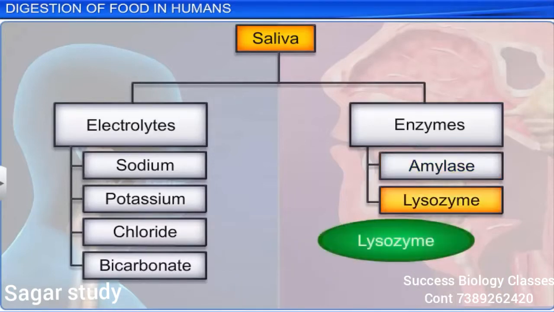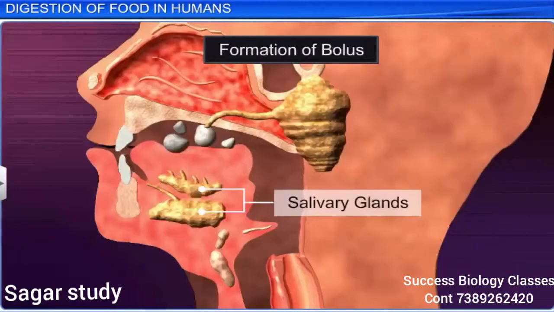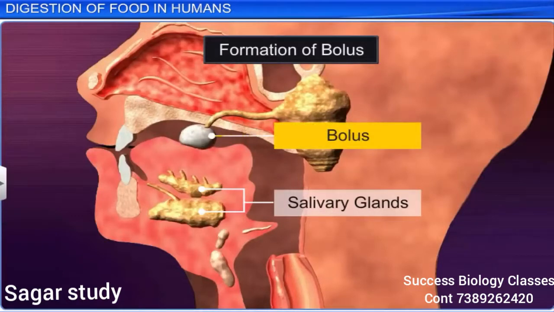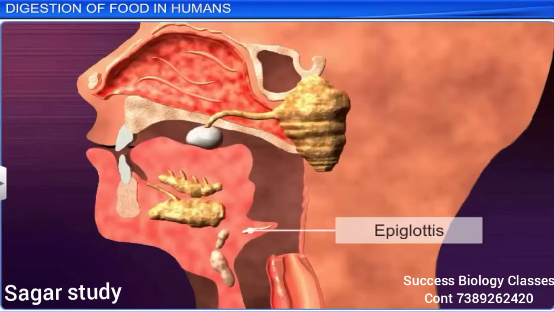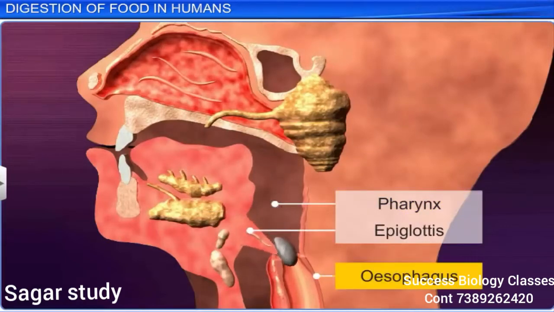Whereas lysozyme acts as an antibacterial agent and kills microbes present in food substances, thereby preventing infections. Mucus, on the other hand, lubricates the food and helps the masticated food particles stick together to form a bolus. Thereafter, the bolus passes through the pharynx and then into the esophagus by the process of swallowing or deglutition.